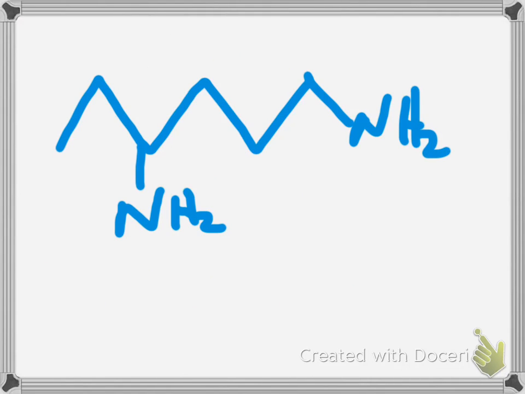So what happens if there are two amine groups hanging off of the same compound? Once again, we want to look to see the longest carbon-containing chain. So there's 1, 2, 3, 4, 5, 6. So that would be hexane.